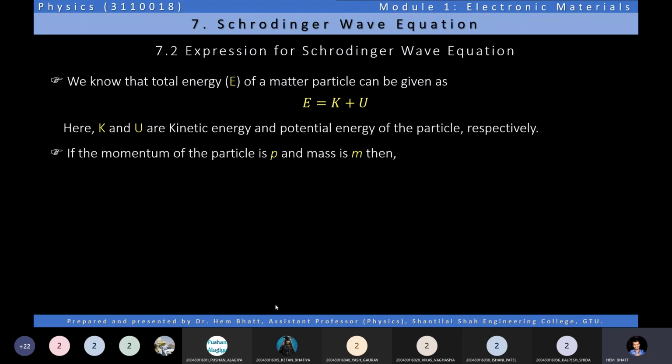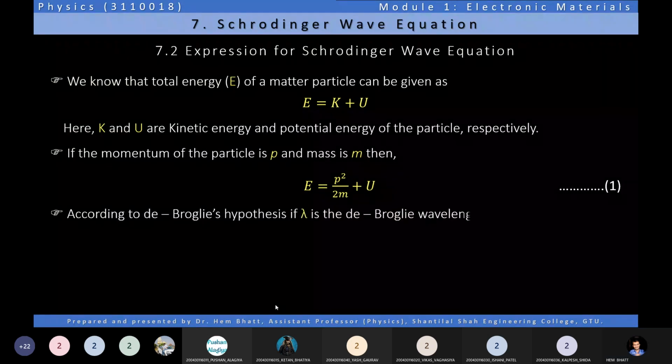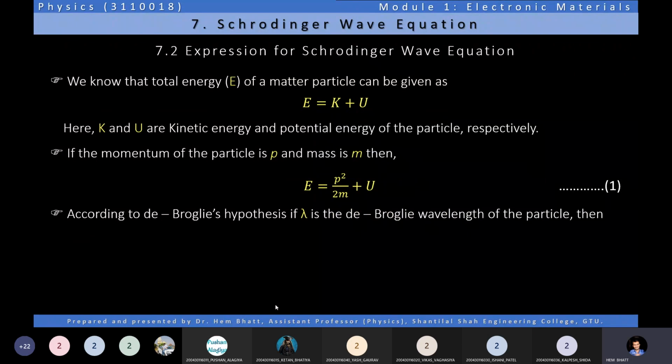So if you take P and m as momentum and mass, then this equation can be written as P square by 2m plus U. Okay, now I want to get lambda here. So de Broglie's hypothesis says that P is h by lambda. So P is equal to h by lambda, which can be written as h cut by k.